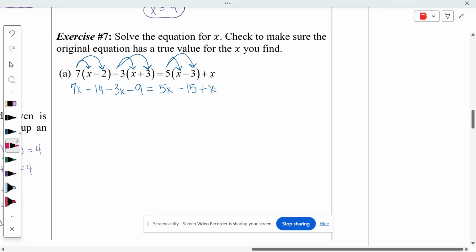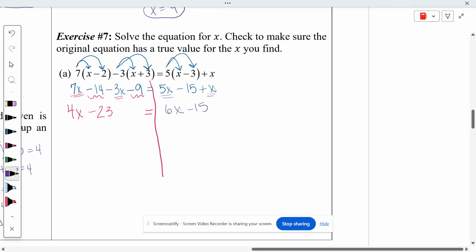So remember, we want to combine like terms. On the left side of the equation, I can combine the 7x and the negative 3x and get 4x. And I can combine the negative 14 and the negative 9 and get negative 23. That equals, on the right side of my equation, I can combine the 5x with the 1x and get a 6x minus 15.